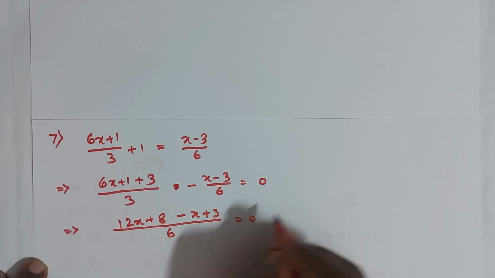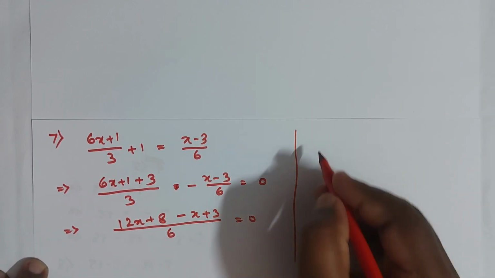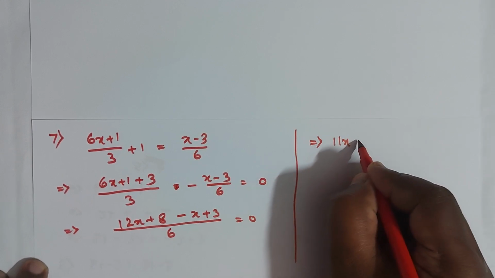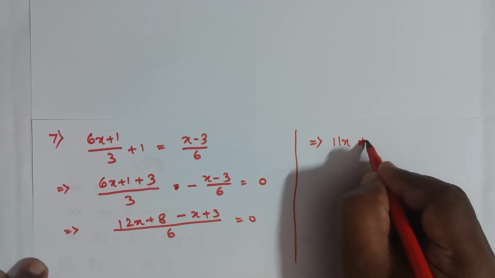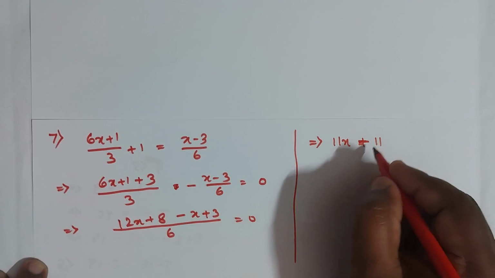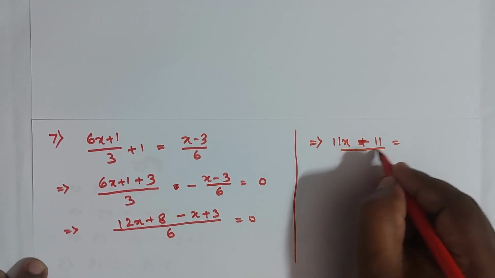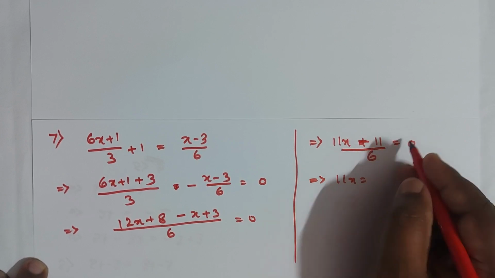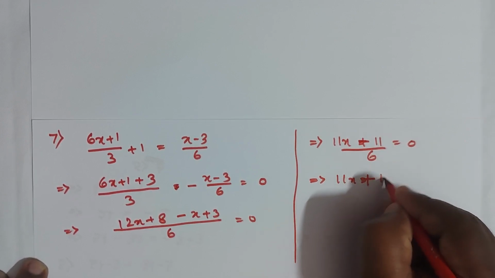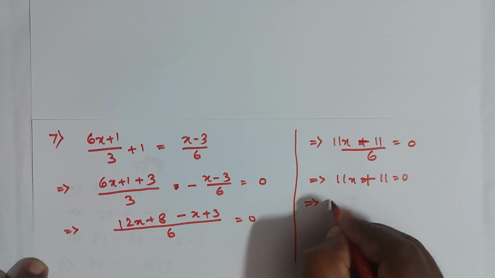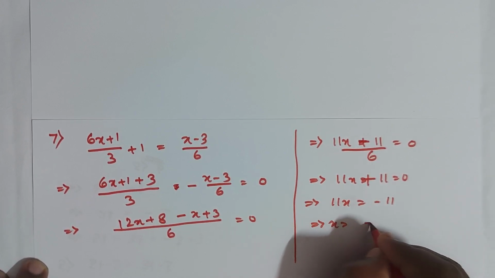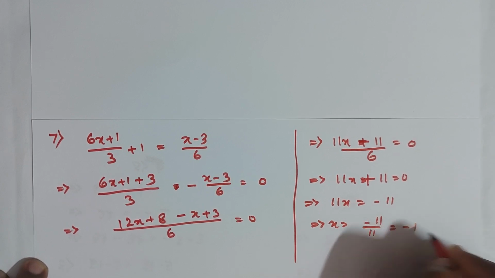Okay, or this is equal to 0, or 12x minus x is 11x, plus 8 plus 3 is 11 by 6 equals 0, or 11x plus 11 equals 0 if we do the cross multiplication, or 11x equals minus 11, or x equals minus 11 by 11, that is minus 1.